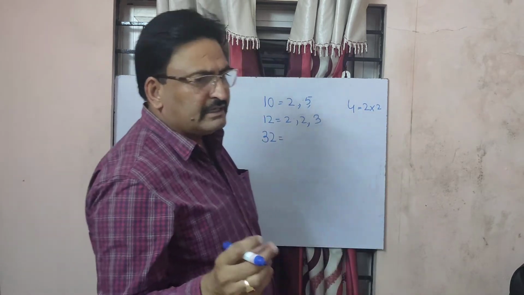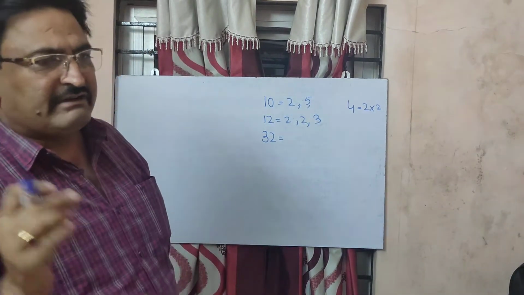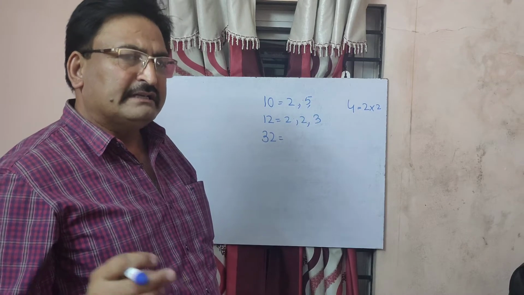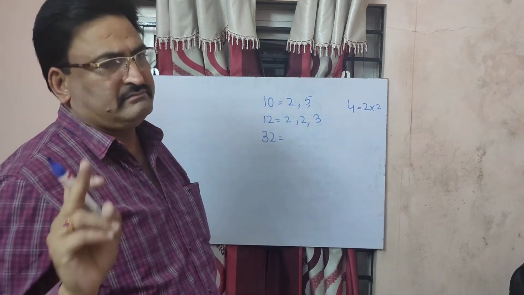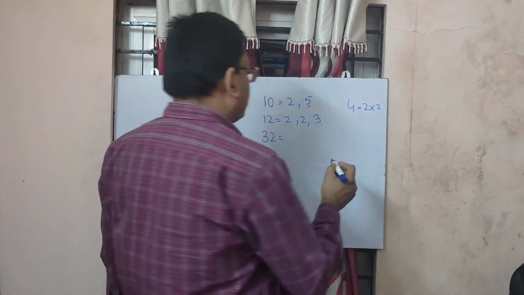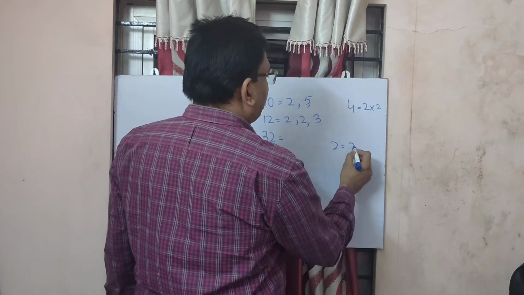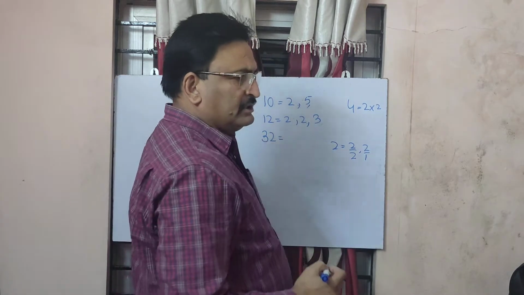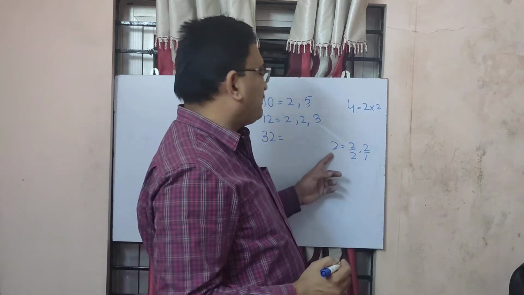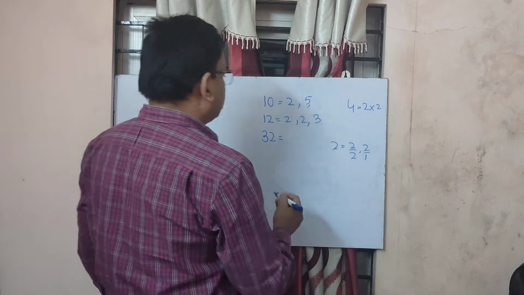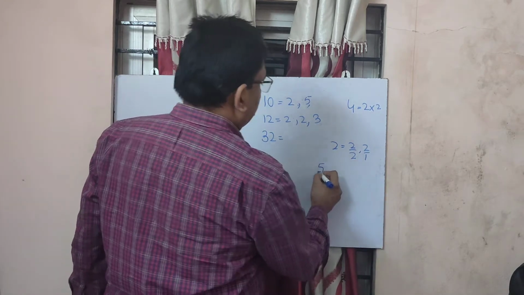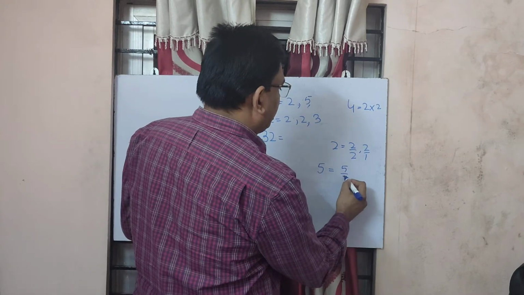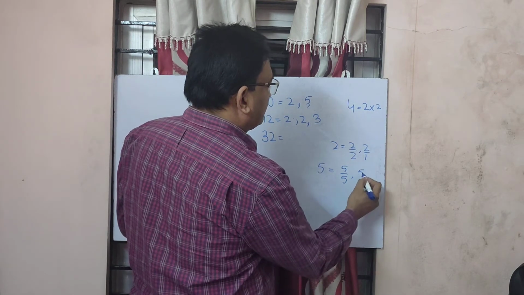A prime number is that number which can be divided by itself or 1. For example, 2 can be divided by 2 and 1. You cannot divide this number by other numbers. For example, 5 can be divided by 5 and 5 can be divided by 1.